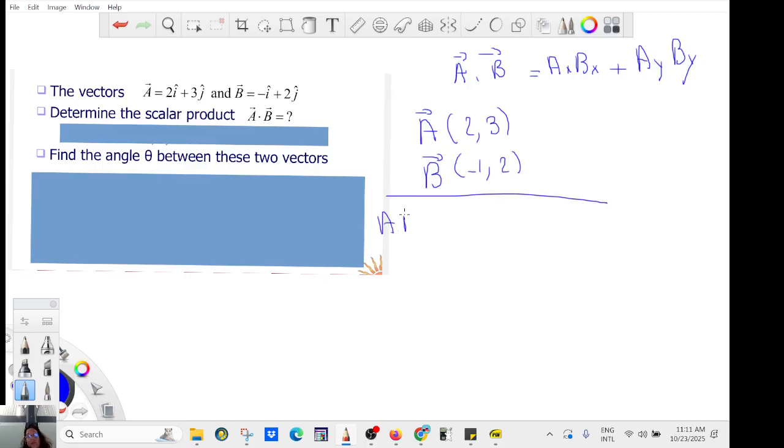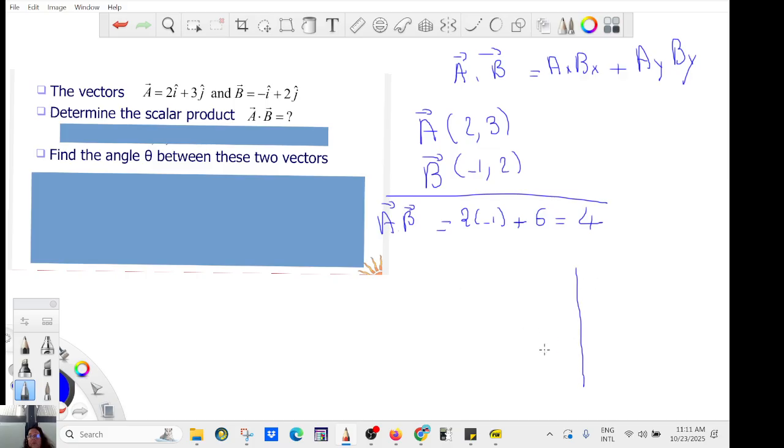When you dot them, you're going to get 2 times minus 1 plus 3 times 2, which is 4. Right? It's going to be 4. Okay, it's positive. That will be the dot product of two vectors here.